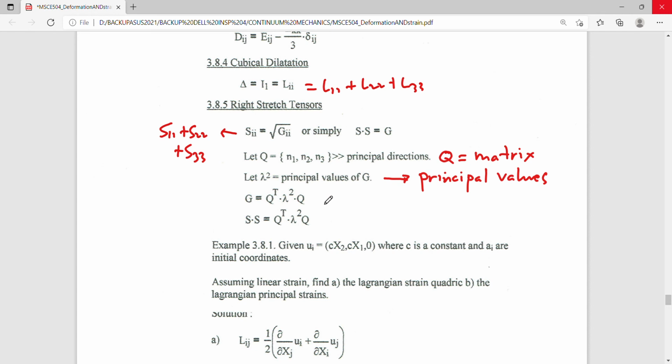The value obtained will not be the same with that when you use the principal values, because the off diagonal terms on the matrix of G will not be zero. Okay, so that is a very important thing to consider when you are solving for the right stretch.